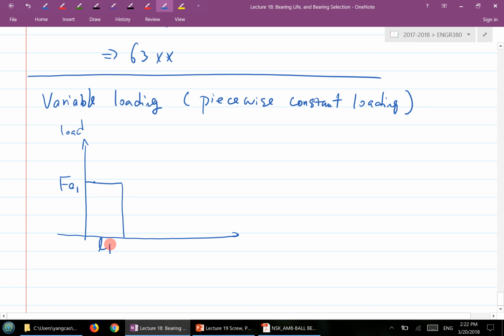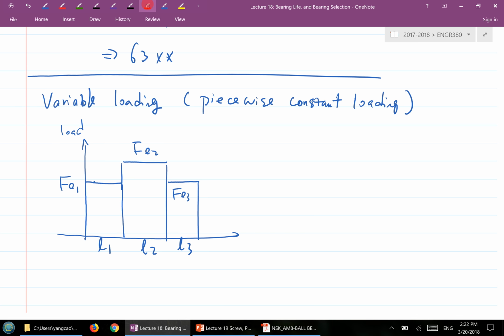See the difference now: previously we considered the bearing subject to one load for the whole life, however many cycles it lasts. Now the bearing is subject to one load for L1 cycles, then Fe2 for L2 cycles, and then Fe3 for L3 cycles. This is one type of piecewise constant loading situation.